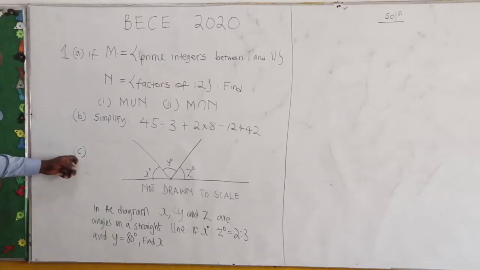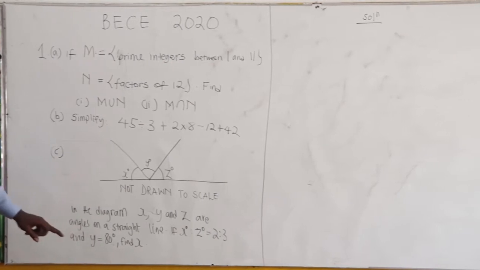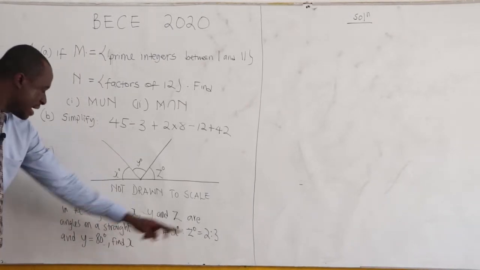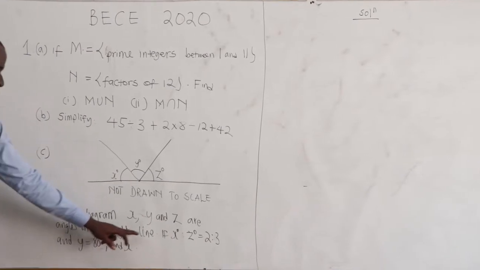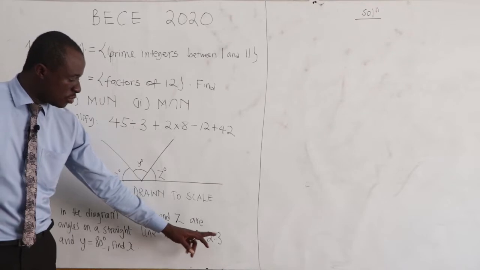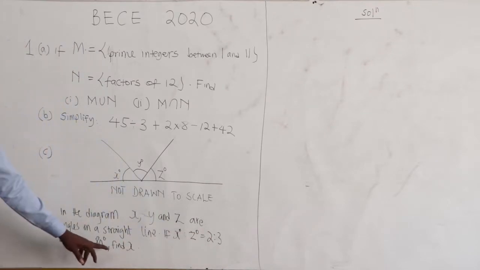Now, let's see the 1c. There's the diagram that is not drawn to scale. In the diagram, x, y, and z are angles on a straight line. If x is to z equal to 2 is to 3, and y is equal to 80, we are being told to find x.